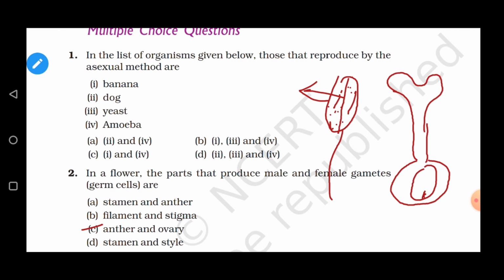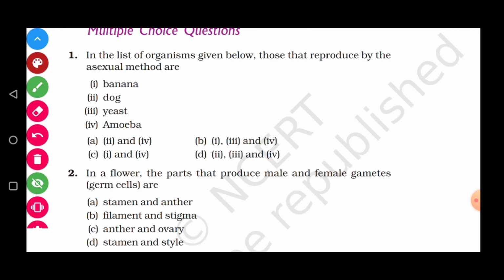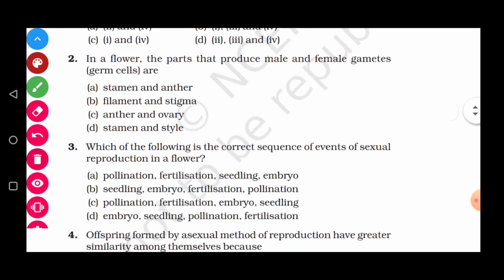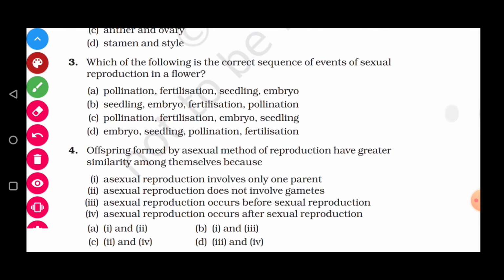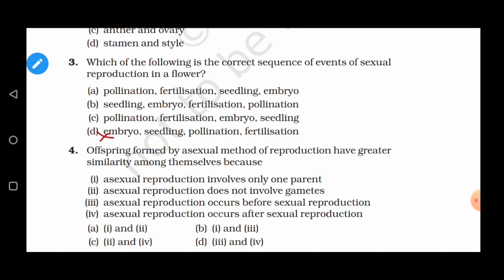Next question, question number 3. Which of the following is the correct sequence of events of sexual reproduction in the flower? हमें flower में sexual reproduction का correct sequence बताना है. First we know that pollination सबसे पहले होगा. So these two are wrong. After pollination the fertilization will happen, and fertilization के बाद zygote बनेगा.